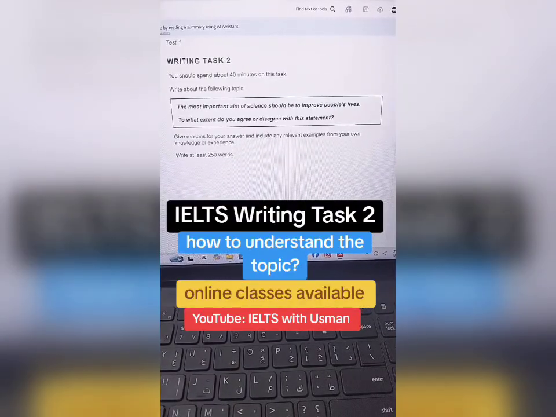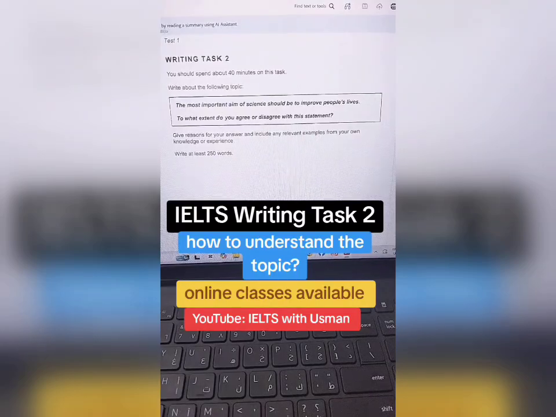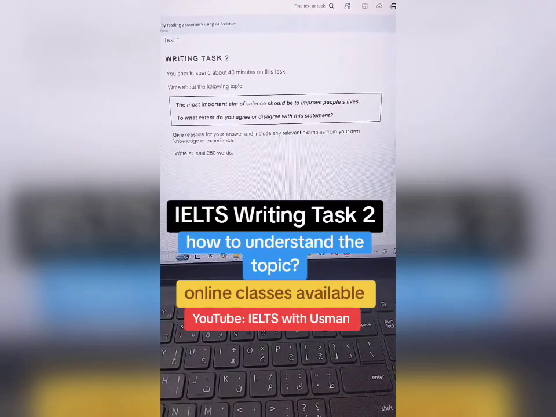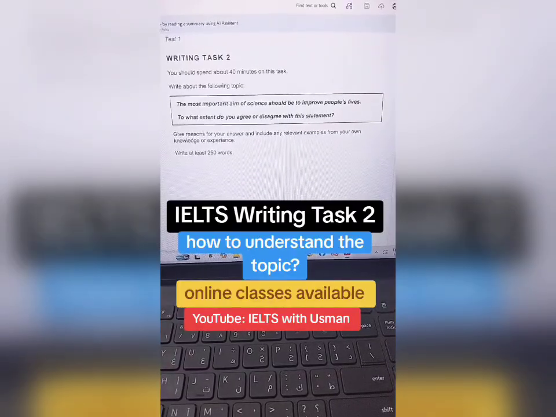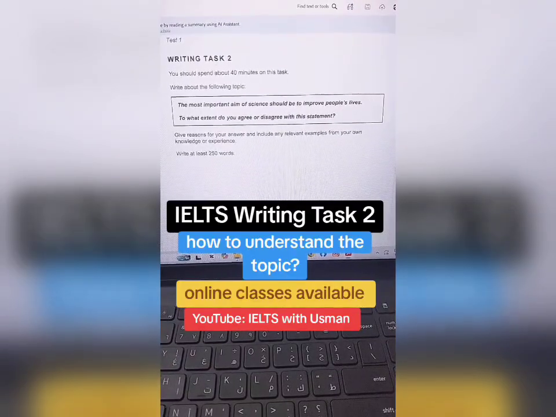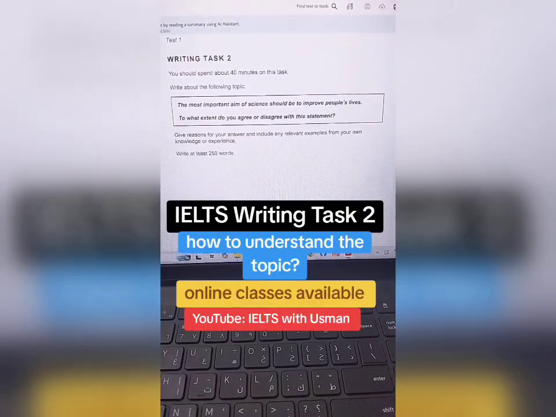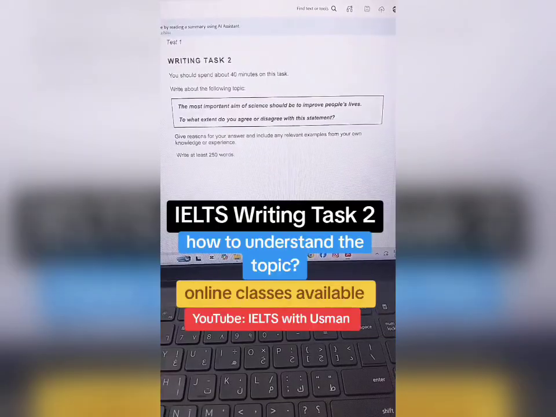You are going to give reasons for your answer and include any relevant example from your own knowledge or experience, so you can ensure your band in your IELTS writing task 2 if you are going to give relevant examples from your own knowledge or experience.